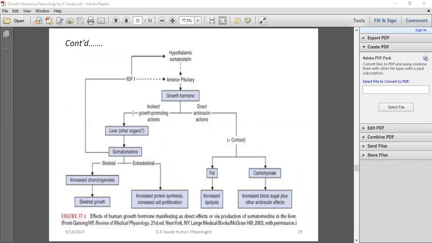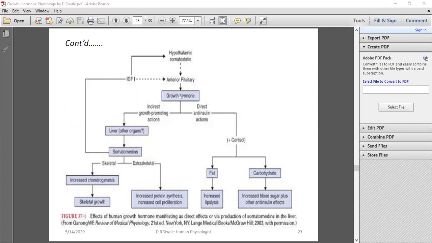For the indirect effect, it can work on its own. It acts on the liver cells and forms somatomedins. So in short, the direct effects require the permissive action of cortisol, but the indirect effects on the liver can work on their own. Okay.